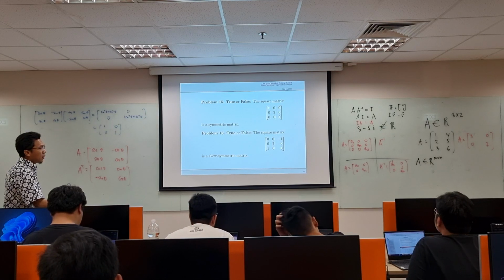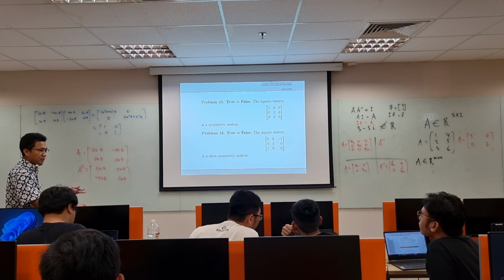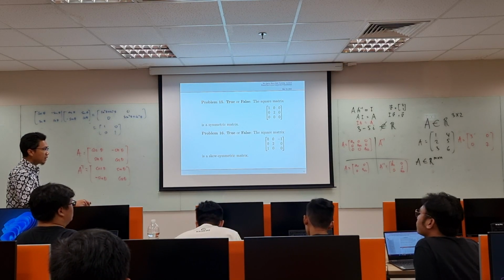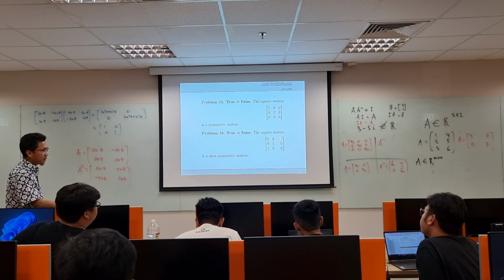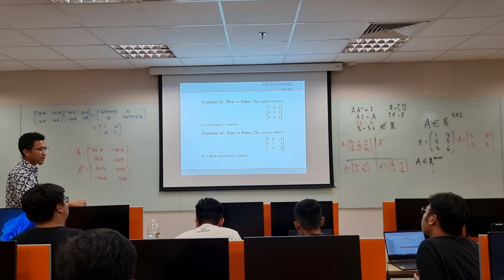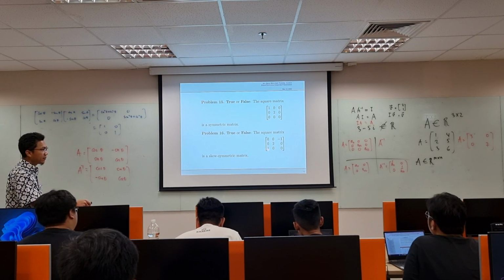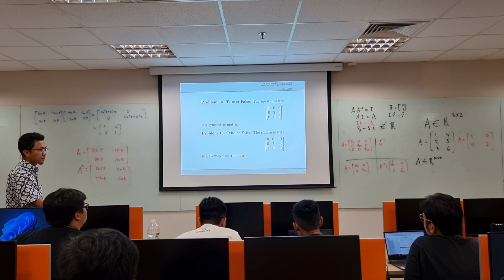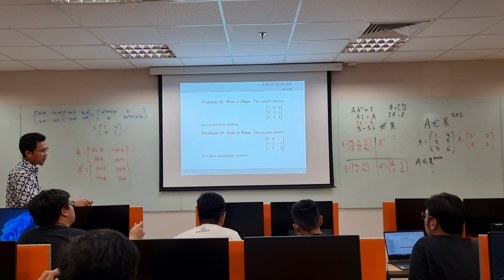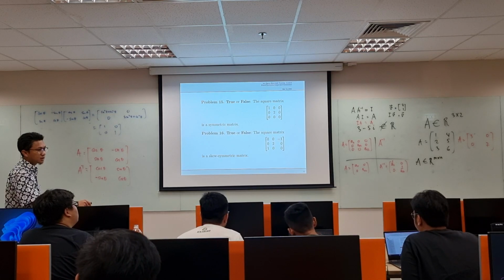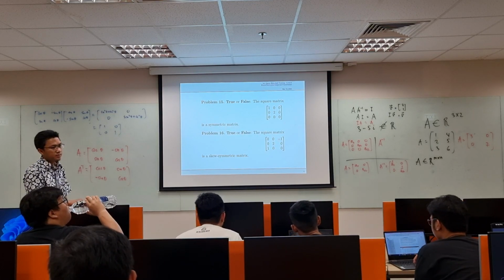Before seeing the transpose, the easiest way to see whether this is skew symmetric is that you check whether the upper triangular and the lower triangular have different sign, but their magnitude is the same. This is 1, the upper one is also 1, but it's minus, so it is skew.